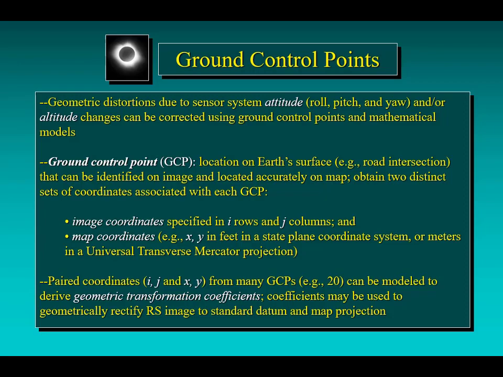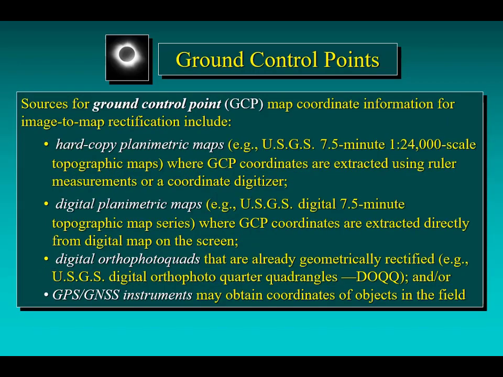There's actually a variety of data sources that can be exploited for the extraction of ground control point map coordinate information in order to perform what's referred to as image to map rectification. And by the way, I'll describe what that procedure is shortly. But there's a variety of sources from which we can extract GCP map information, and that includes hard copy planimetric maps.